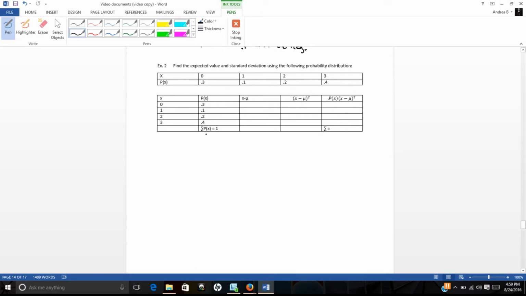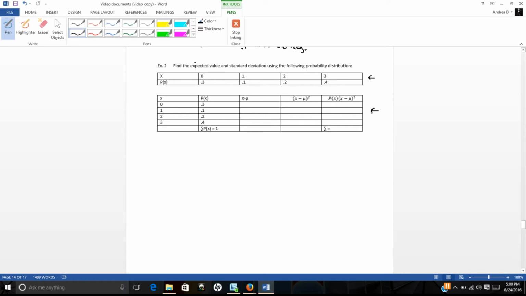This type of table will not be given to you on a quiz or test, so you want to make sure you remember how to set it up. All that will be given to you is this original one that has the x and p of x for the values and probabilities. So keep in mind that you want to remember how to set this up and what these symbols mean.